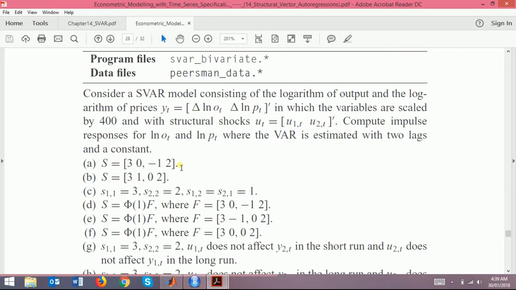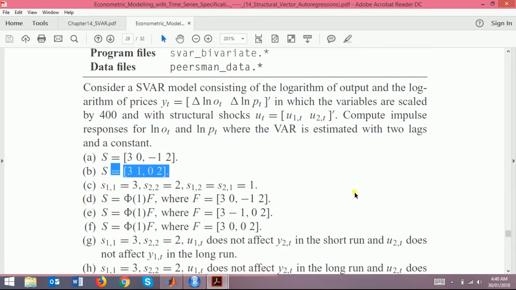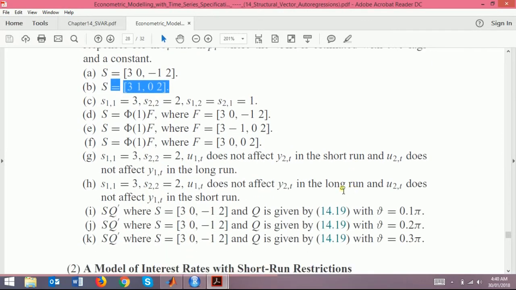When we select 1, we get orthogonal shocks with short run restrictions. When we select 2, we get orthogonal shocks with long run restrictions. When we select 3, we get orthogonal shocks with short and long run restrictions. When you select 4, counting 0, 1, 2, 3, 4, we select orthogonal shocks with sign restrictions.